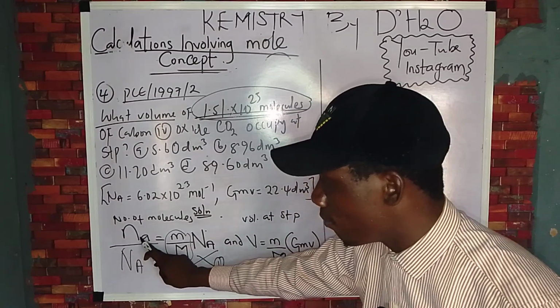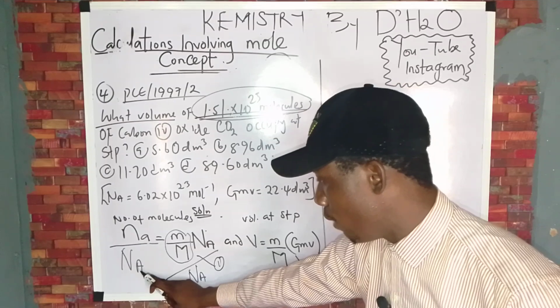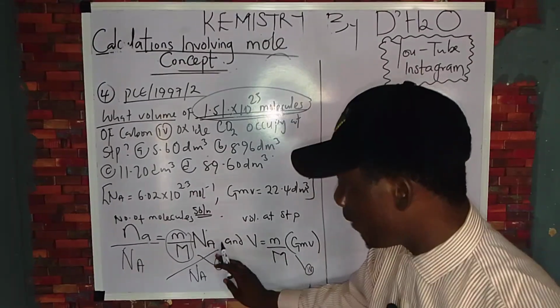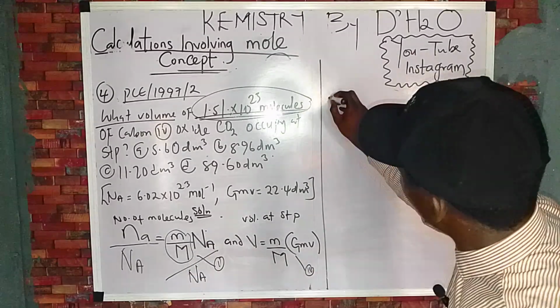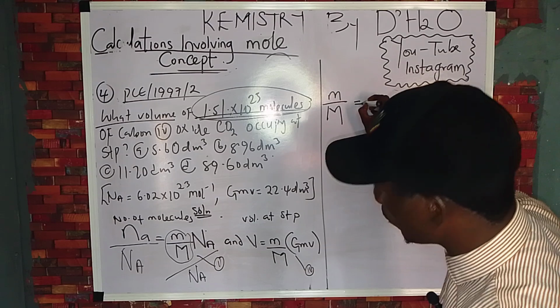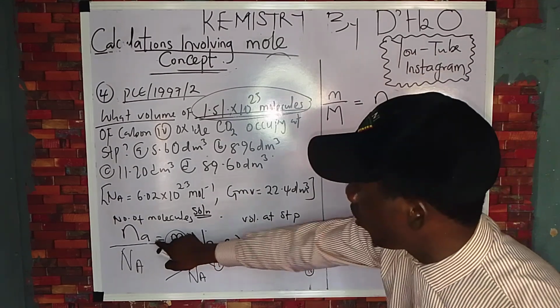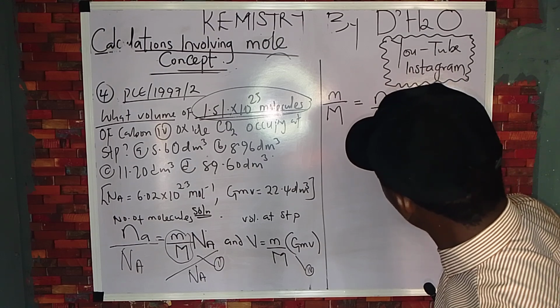Remember, this is number of molecules or number of atoms or number of particles, and this is Avogadro's constant. So by the time you divide both sides by Avogadro's constant, you will find out that your mass over molar mass will give us the number of molecules over your Avogadro's constant.